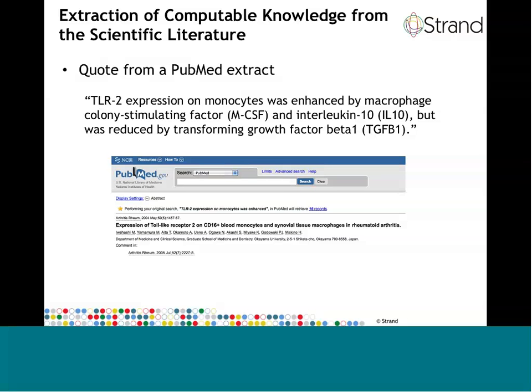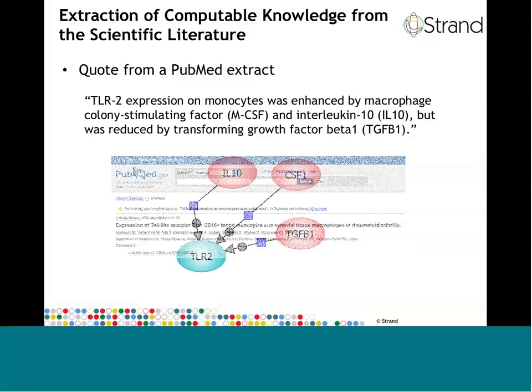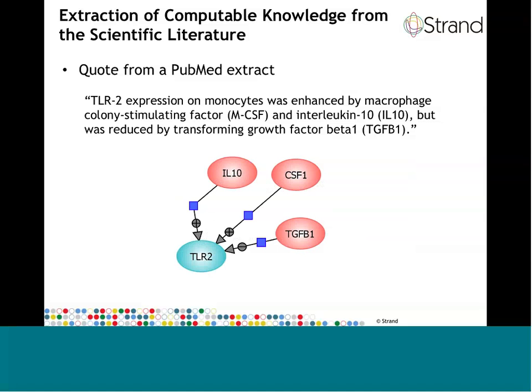Through the analysis by the natural language processing algorithms we have developed, we can turn an English sentence such as "TLR-2 expression on monocytes was enhanced by macrophage colony stimulating factor MCSF and interleukin 10, but was reduced by transforming growth factor beta 1" into this, a graphical representation of the same information.